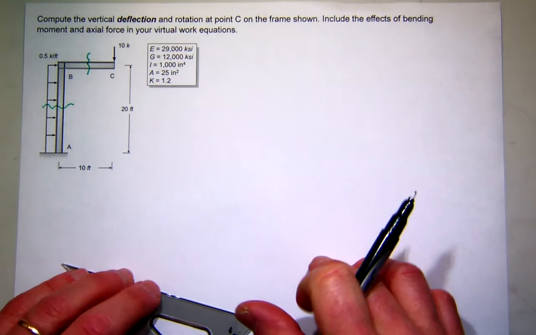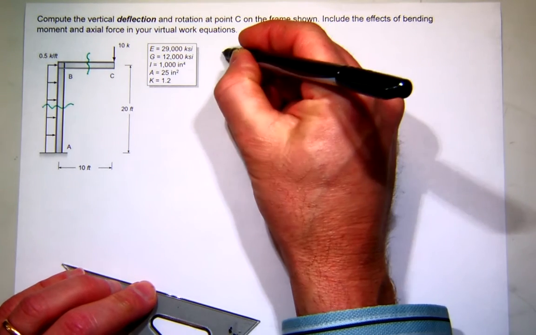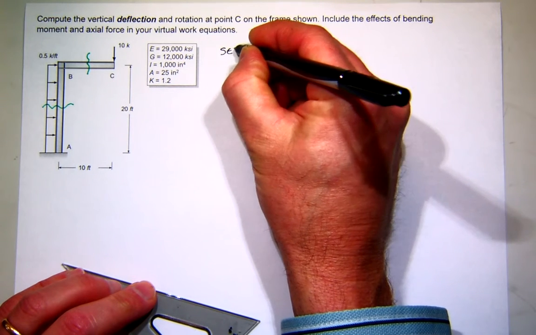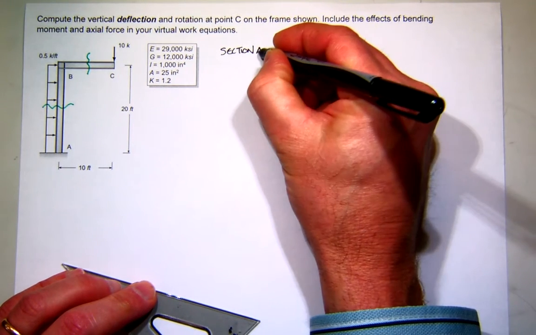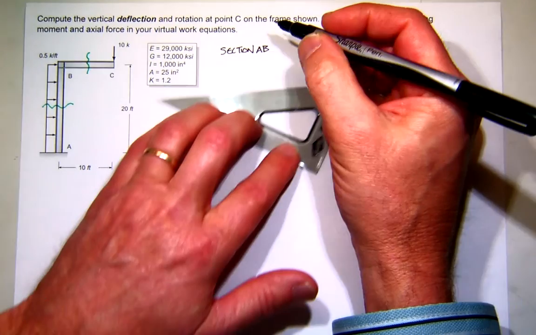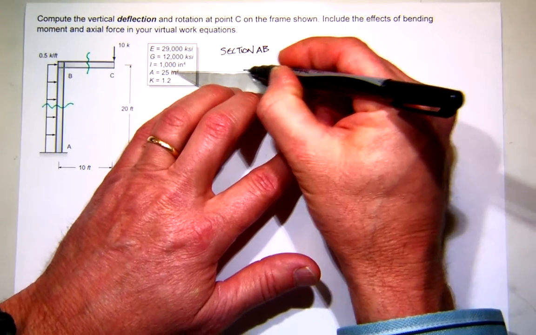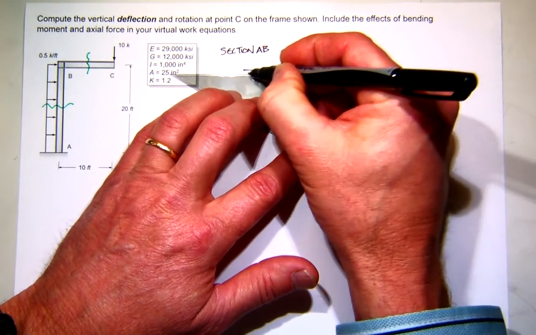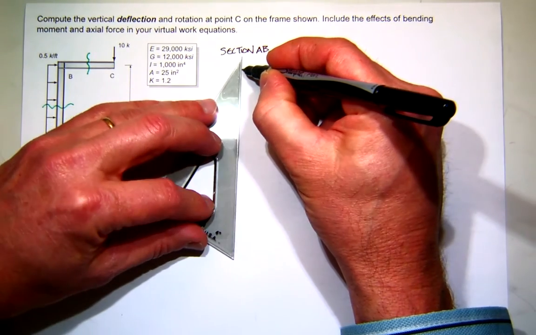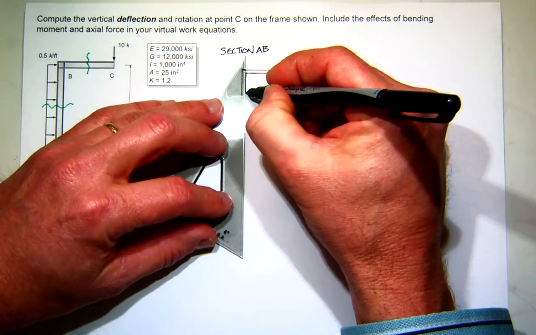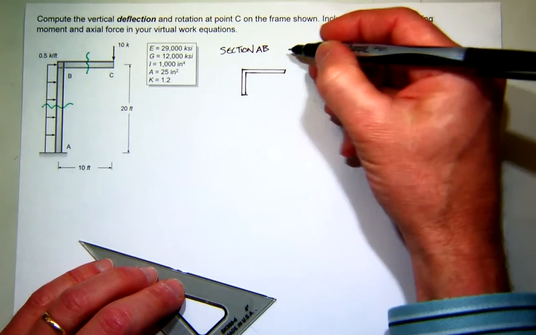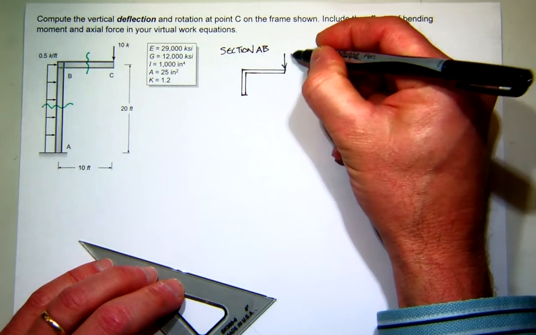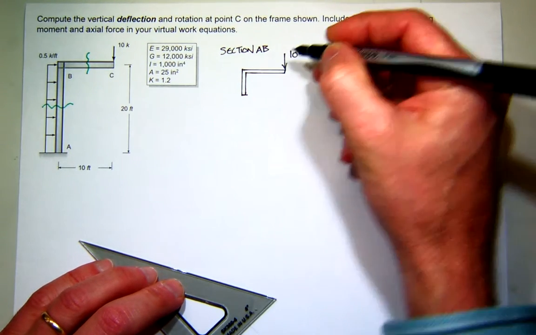So I'll come over here and I'll begin by looking at the section AB. So when I make this cut, I've got my applied force here of 10 kips.